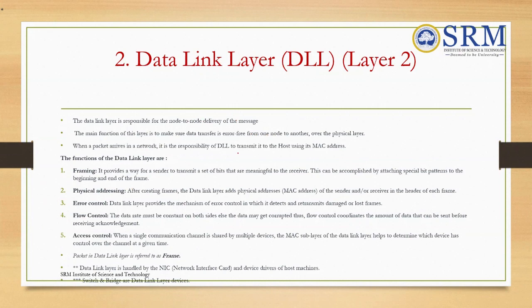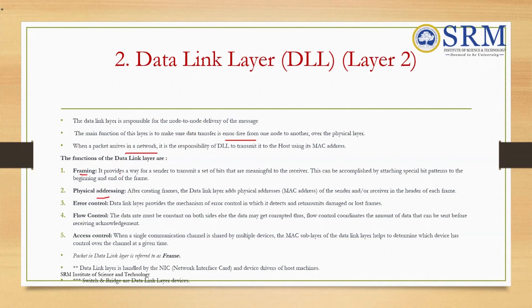The main function of data link layer is error free transfer from one node to another node. Here the data will be in the format of frames. The functions the data link layer is responsible for are framing, where the bits will be converted into frames, and then physical addressing.